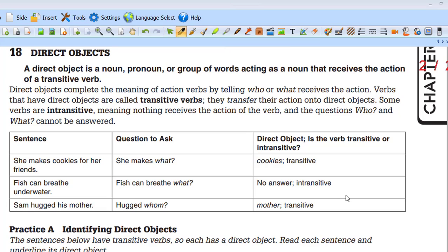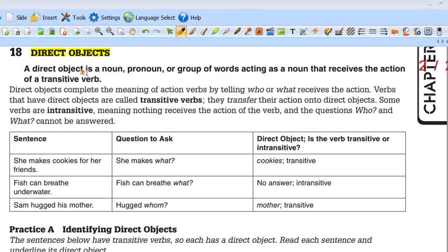Today we are gonna talk about the direct objects, and this is our final revision for grammar. We are gonna start from page 18. Here we have the direct objects. As we know, the direct objects come after the action verb.